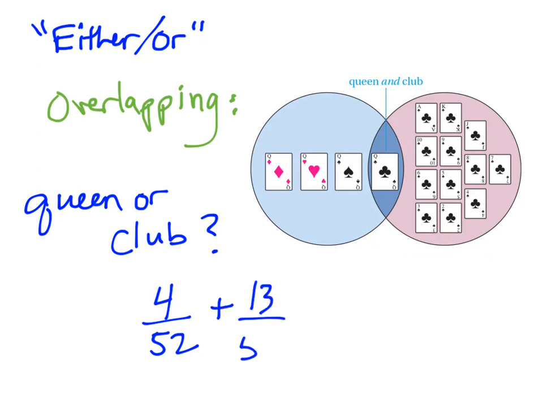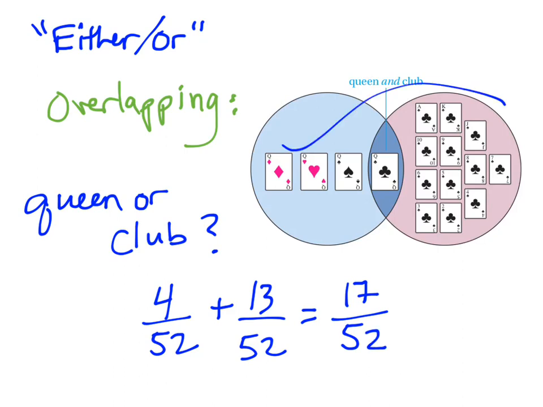If you add those, you would think the probability is 17 out of 52. But if you actually count up all the cards in the deck that are queens or clubs, you'll see that there are 16. The reason is that one card was double counted: the queen of clubs got counted as part of the queens and as part of the clubs.